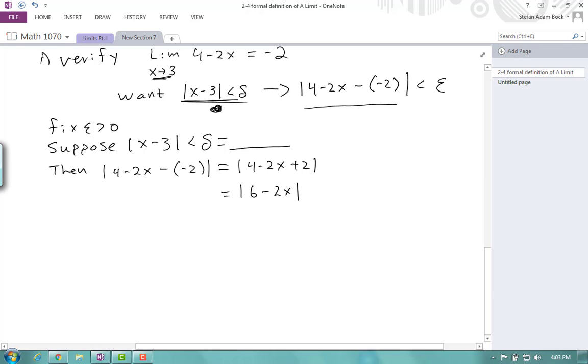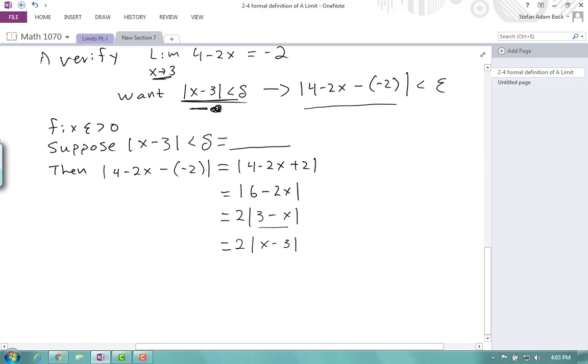The best I can do here is factor out a 2 to get 2 times 3 minus x, which is kind of backwards of what I was supposed to have up here. Fortunately, though, this is inside of an absolute value, and so this value is exactly negative 1 times the value I have up above, so I'm just going to flip it without any repercussions, because it's inside of an absolute value. So this is equal to 2 times x minus 3 instead.